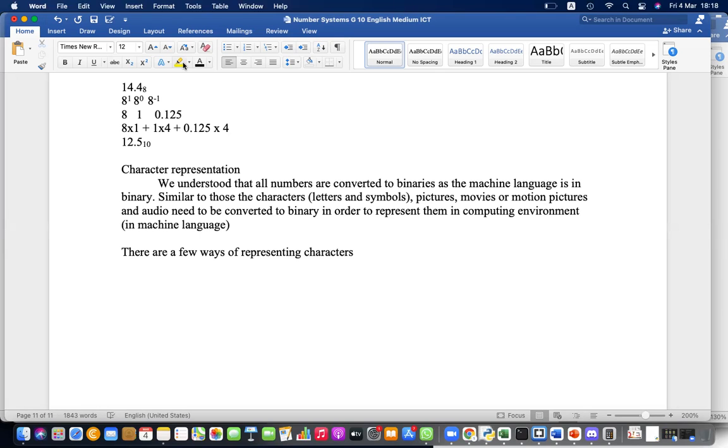Okay, so then write down after that. The first one is BCD. We call binary coded decimal.